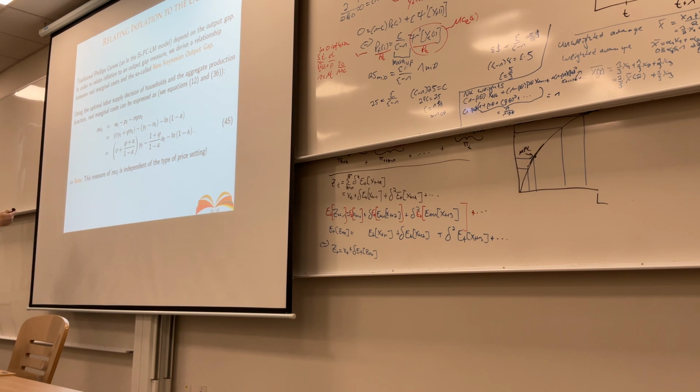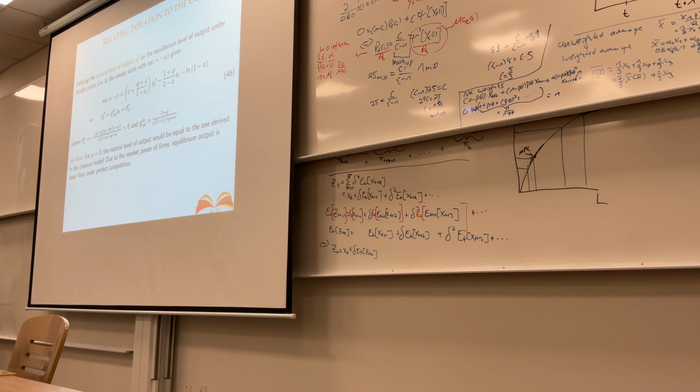In log terms, we can write it out like this. And if we substitute in the first order condition of our household for the labor-leisure supply, and we have the marginal product of labor from the aggregate production function, we get to equation 45. Now, importantly, this relation of marginal cost to output is independent of any type of price setting. We have to talk about that.